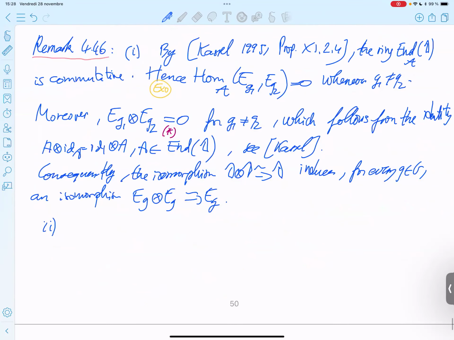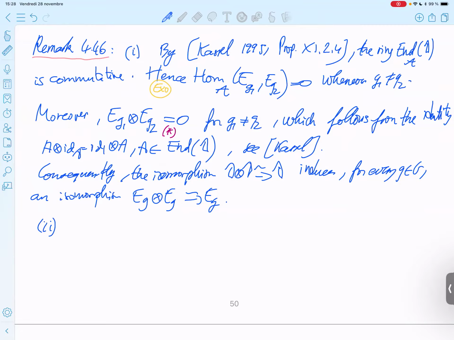Second point. So this second remark is about the notion of tensor category of sheaves of finite dimensional K vector spaces. But in fact, you don't need to be afraid about the notion of sheaf.